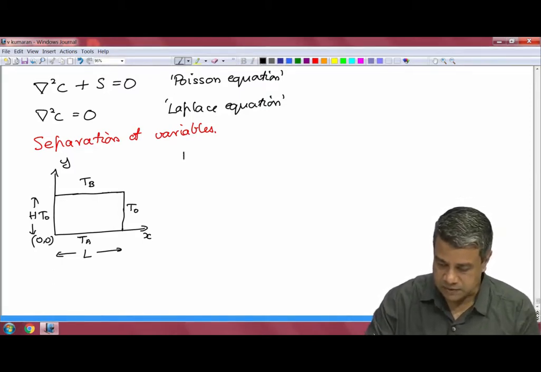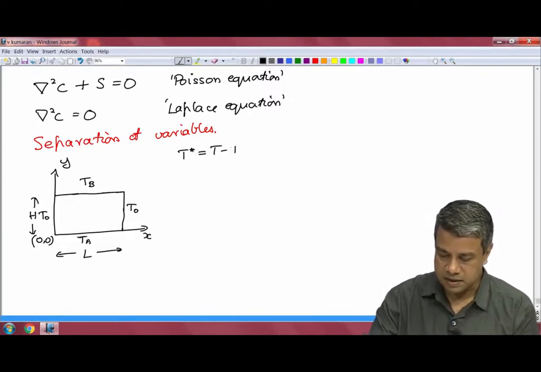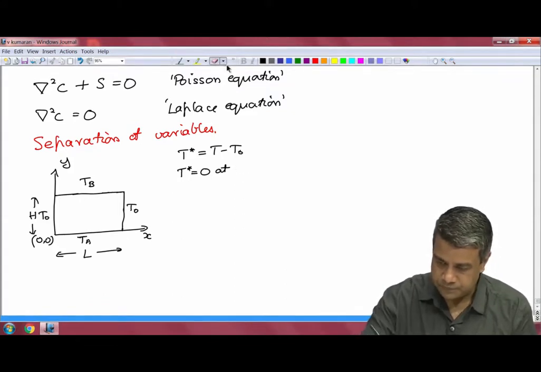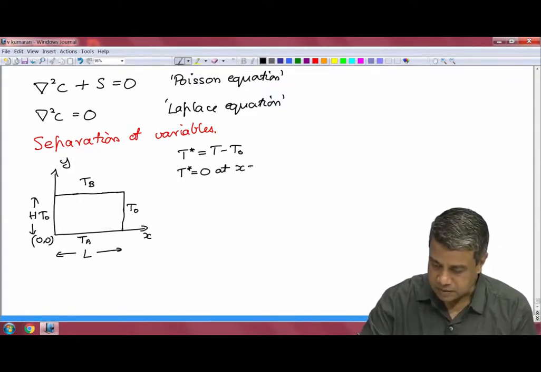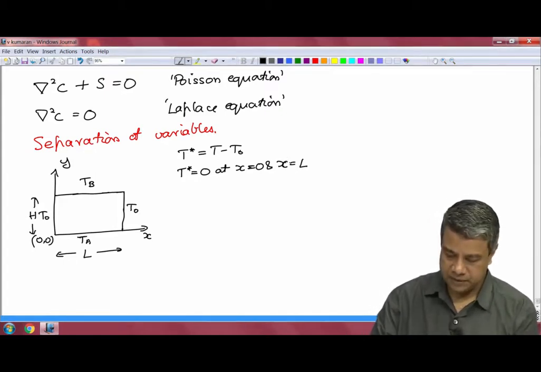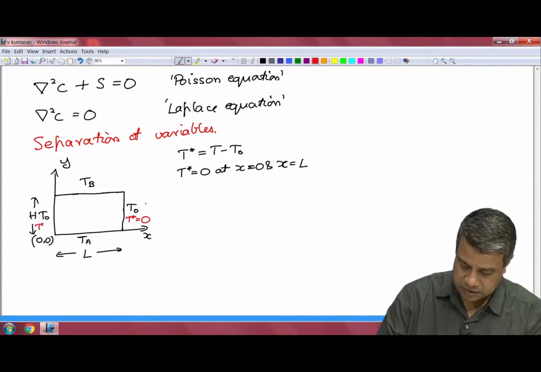If we define the scaled temperature or the reduced temperature as T minus T naught, then we have boundary conditions T star is equal to 0 at x is equal to 0 and x is equal to L. So, this is T star is equal to 0 and here also T star equals 0.